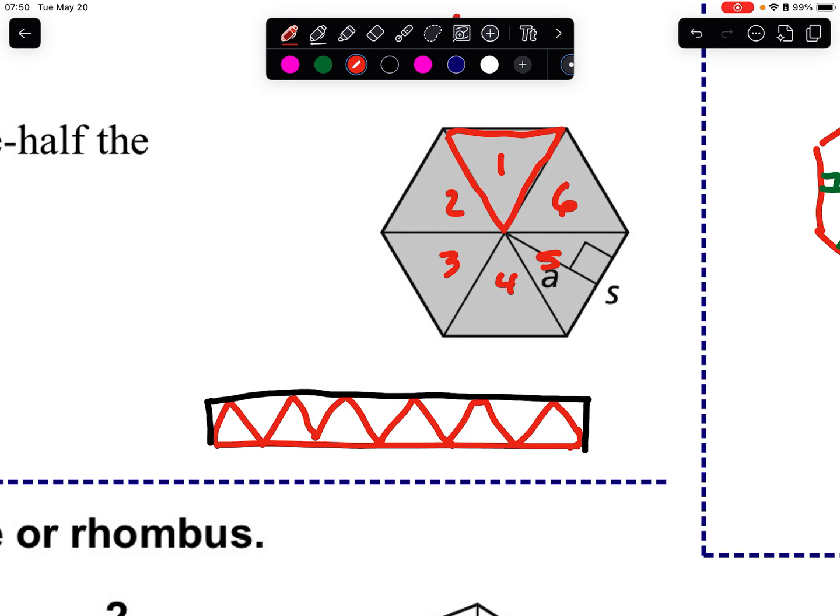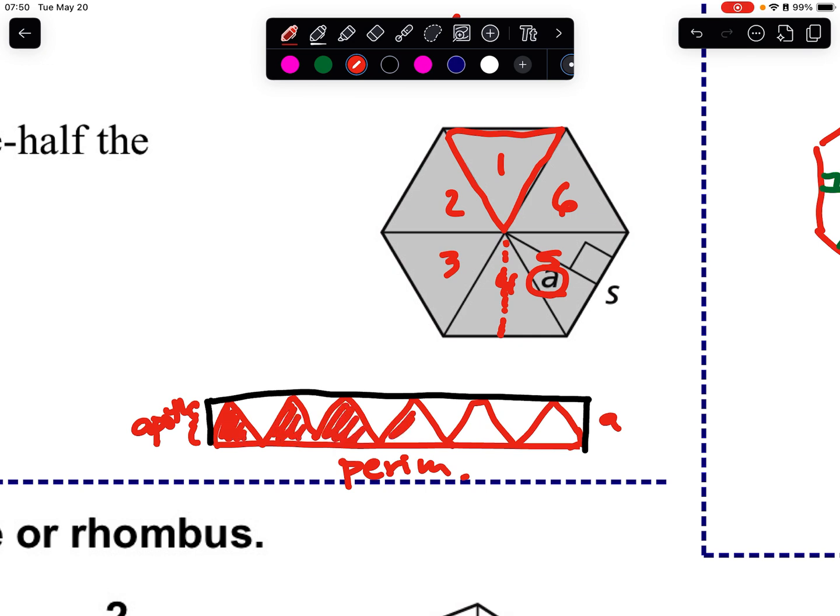The length of that rectangle is down here at the bottom, the perimeter, and then the height. What is the height of that? The height is the distance A. And that A is what we refer to as the apothem.